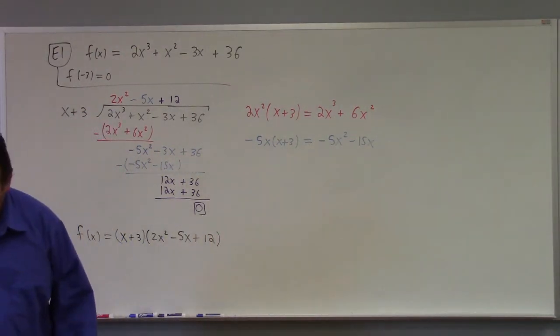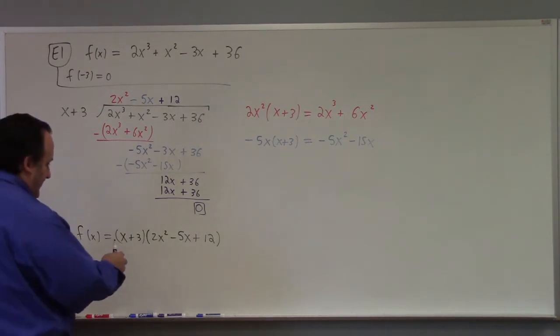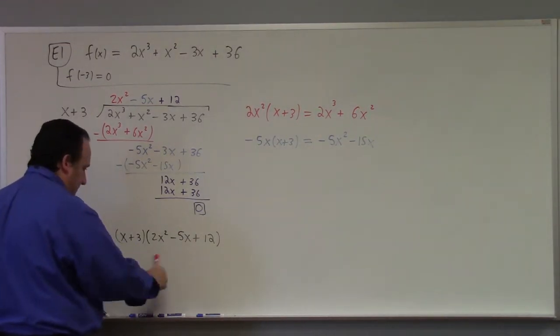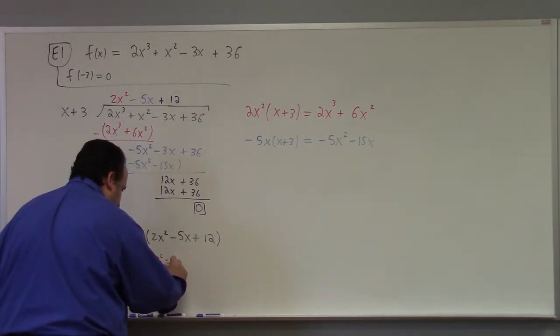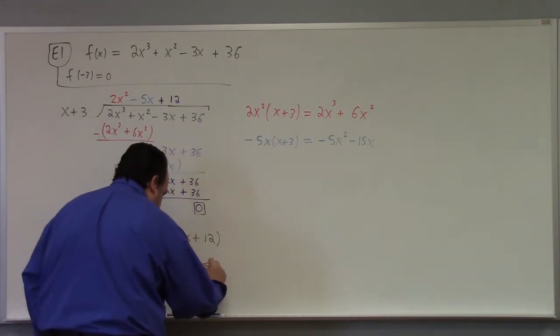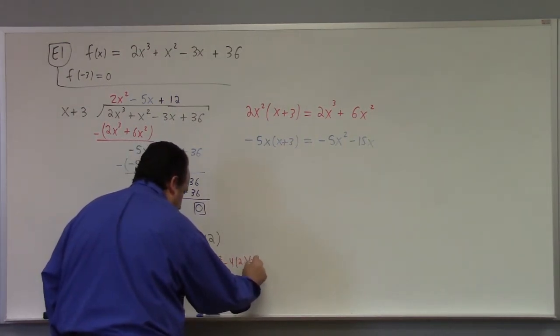So that's great, but what can we do with that? This is a quadratic, so the question is, does that factor or not? I'm not sure, just looking at it. We can do a quick check to see if it factors. Let's check the discriminant. The discriminant, b squared minus 4ac, for this thing is minus 5 quantity squared minus 4 times 2 times 12.